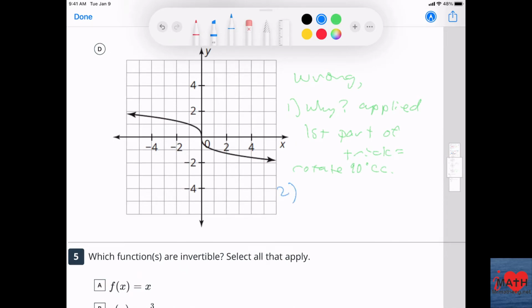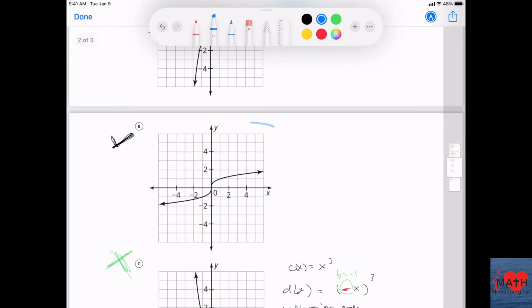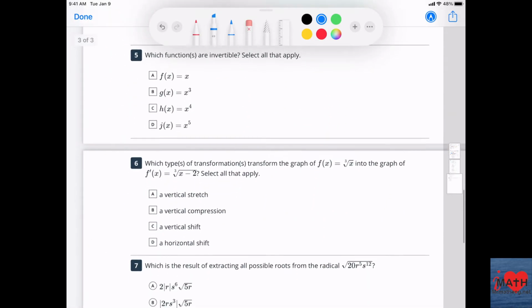What's the fix? How do you fix this graph? They need to now reflect over the y-axis. So when I do multiple choice questions, I'm always going to do the problem first and then apply it to all the choices we have. So it's not this one, so our answer is going to be this graph. Okay? All right, number 5.